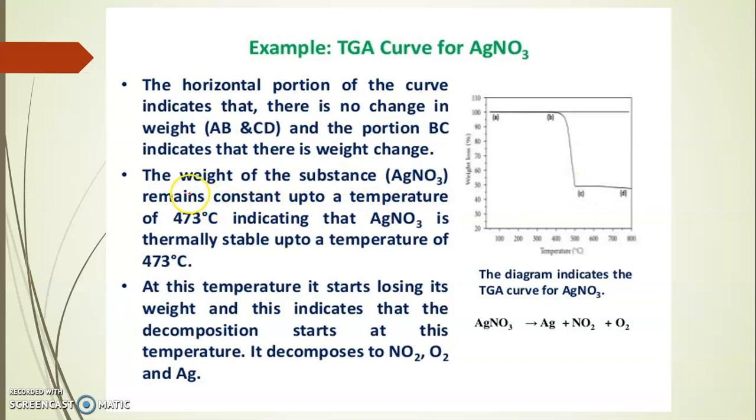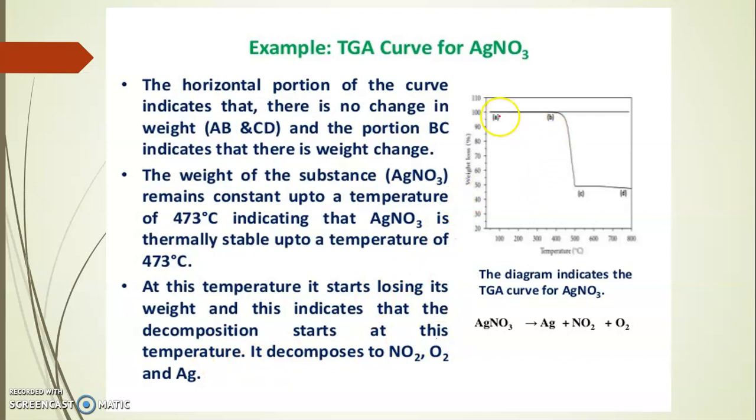The weight of the substance, silver nitrate, remains constant up to a temperature of 473 degrees Celsius, indicating that silver nitrate is thermally stable up to that temperature. At this temperature it starts losing weight, which indicates that the decomposition starts here.